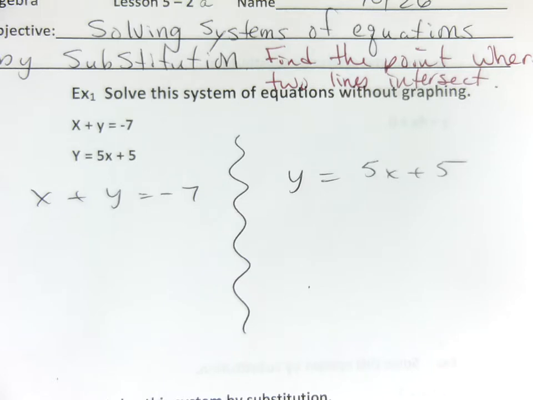See that? So over here, instead of y, what can I write instead? That's it. Instead of writing y here, I'll write what y equals, 5x plus 5. I'll put it right there. Make sense? And then everything's in terms of x, and you can solve for x.